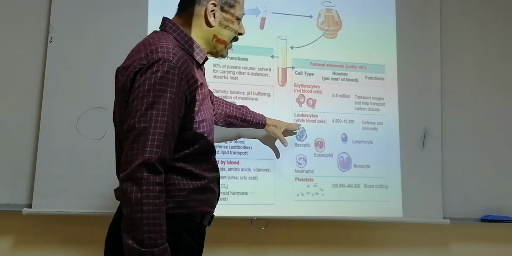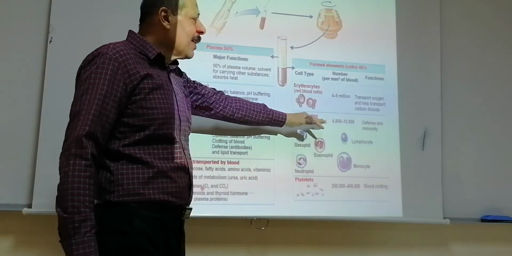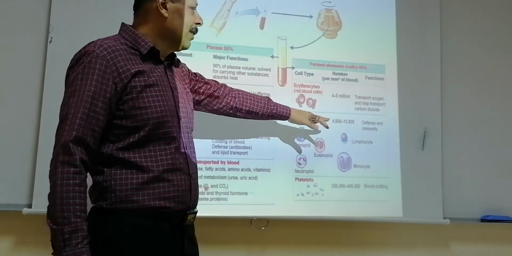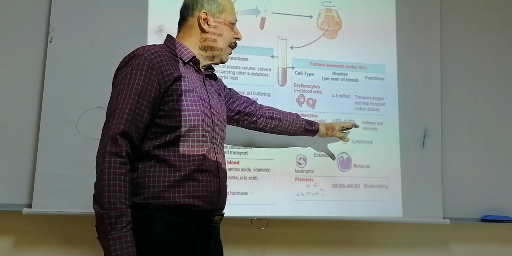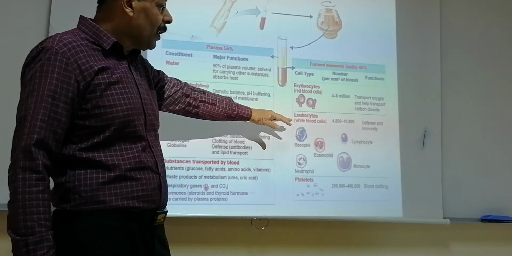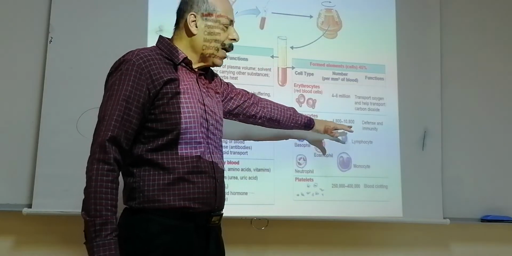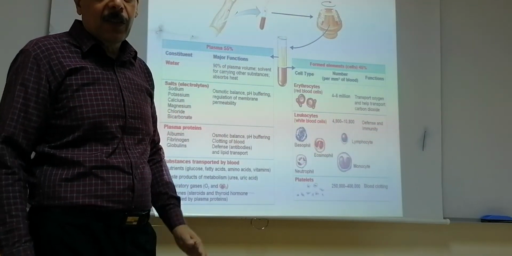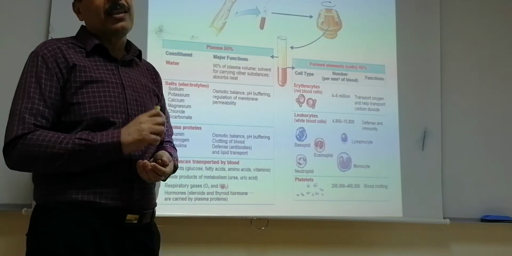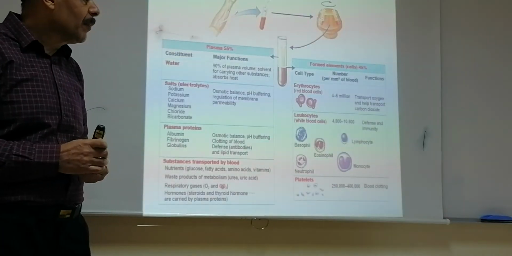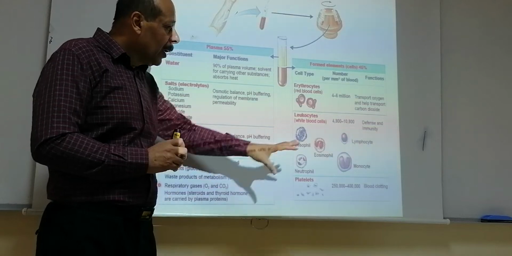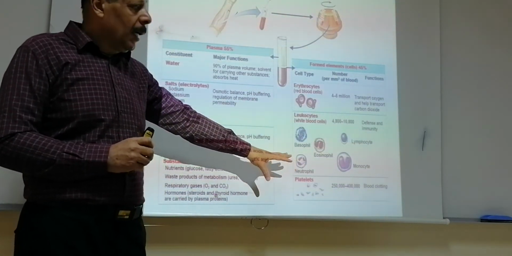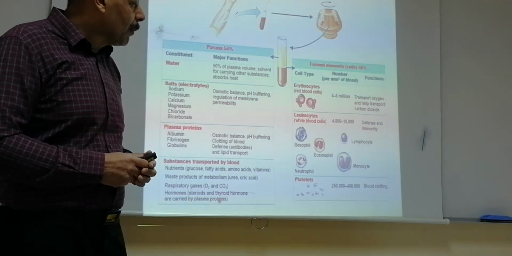The leukocytes, the white blood cells, are around 4.8 to 10.8 thousand. They are related to defense and immunity. So the main function of it is the defense mechanism in our body and immunity. There are many types of white blood cells.